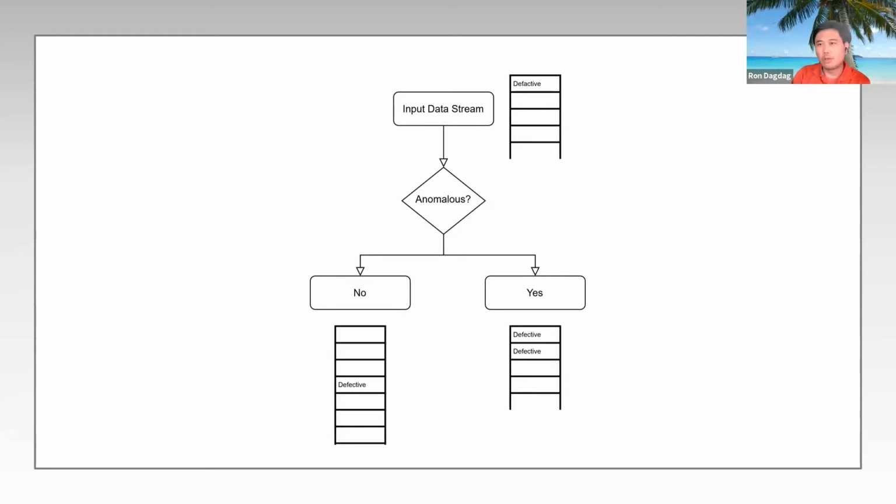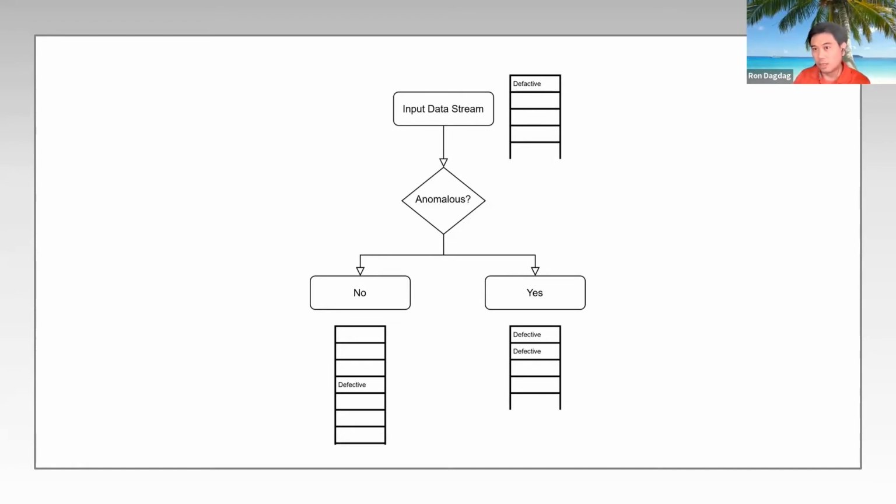So what we're trying to do is identify if our data set is anomalous or not, right? We're trying to figure out, based on the input data stream, it's either you have a defective, and the blank space there means it's not defective, it's normal, right? There are instances where most of the time everything's normal.